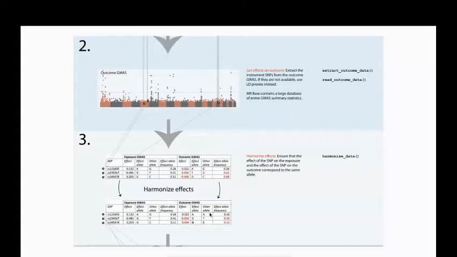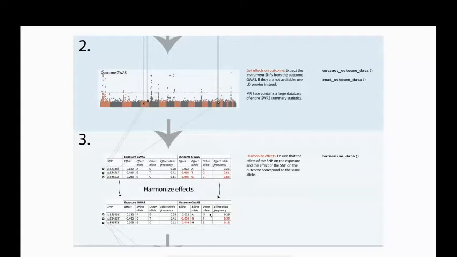And then we also need to harmonize these effects. Harmonization refers to the fact that the effect allele needs to be the same for the exposure and the outcome associations. If they aren't, we can harmonize these. That means we can reverse the direction and say which allele is the effect allele and which allele is the non-effect allele by changing the sign of the effect.